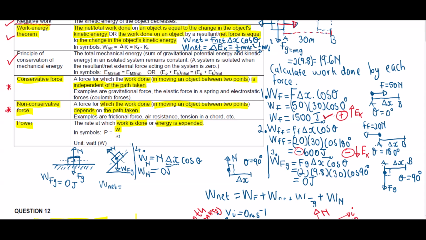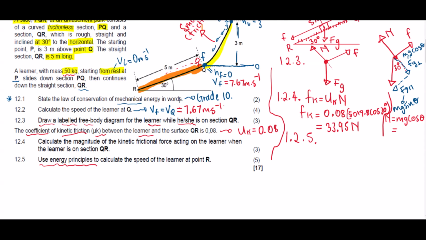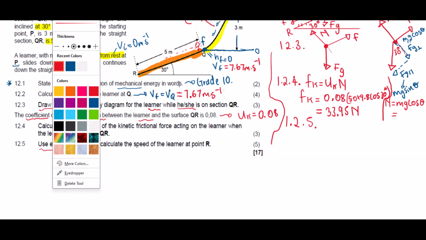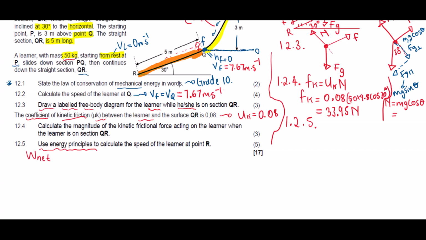So people, let's quickly go and calculate. We can use any formula there to calculate that one, but I would like us to use the work-energy theorem for this one. So the net work is equal to the change in the kinetic energy. So I want us to use the work-energy theorem for this question. So now the net work done is going to be the work done by, we have how many forces?